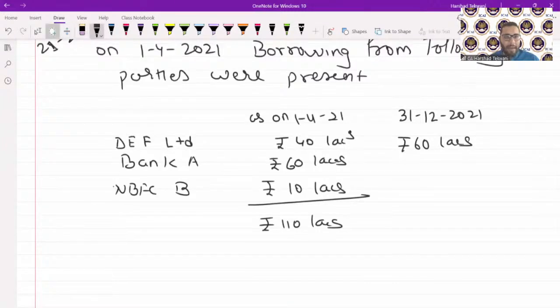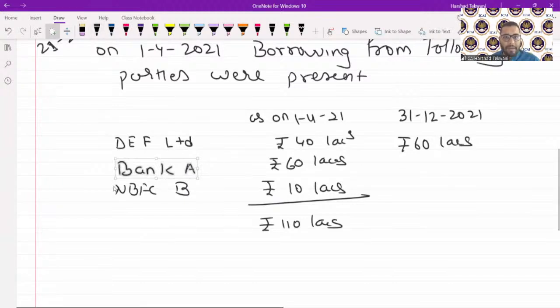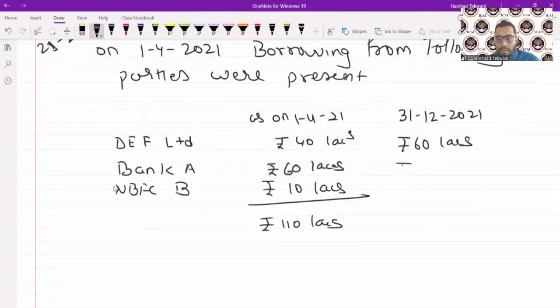From Bank A, the borrowings decreased from 60 lakhs to, let's say, 50 lakhs. So there was a decrease in borrowings from banks. And from NBFC, again, there was a decrease.